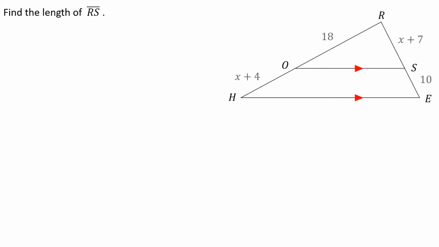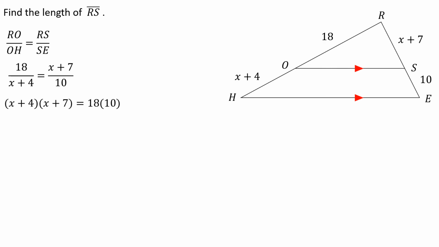Okay, let's find the length of RS. Oh, this looks like it's going to be much more exciting. Okay, again, I know RO compares to OH the same way that RS compares to SE. Plug in all the corresponding values.